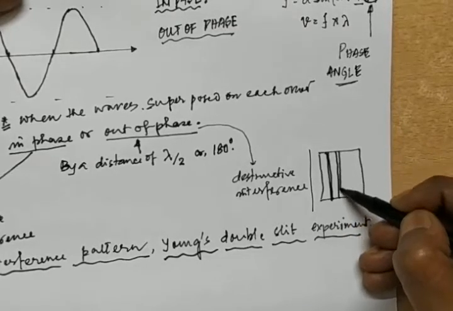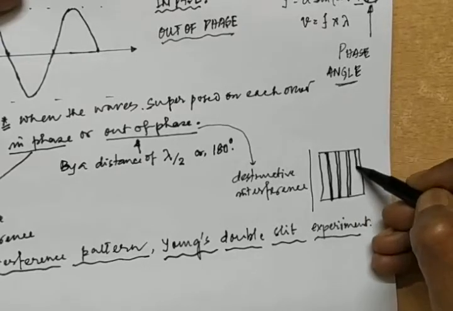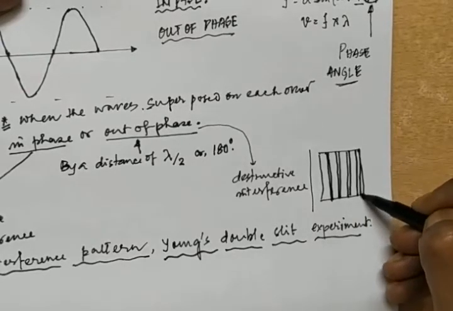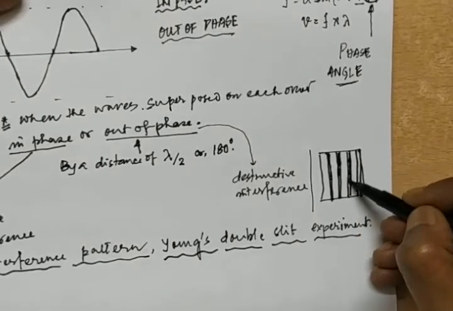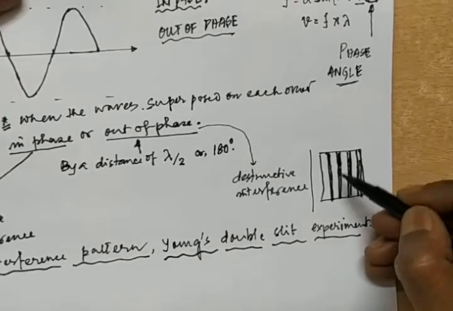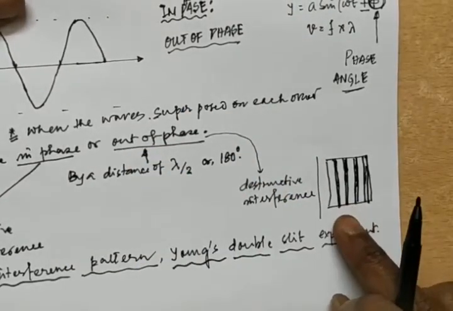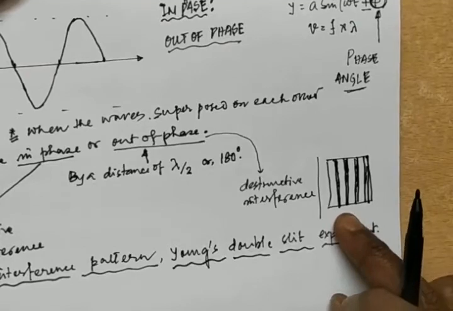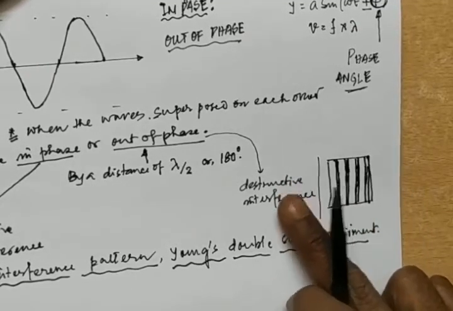These are the interference pattern. So white and dark bands are obtained on the screen, and the white band means where the intensity of light is more, say in phase, and dark bands are obtained where the intensity of light is less, meaning when they destroy each other.